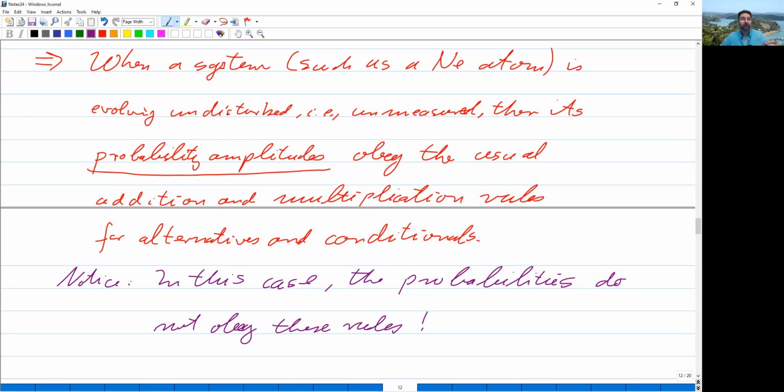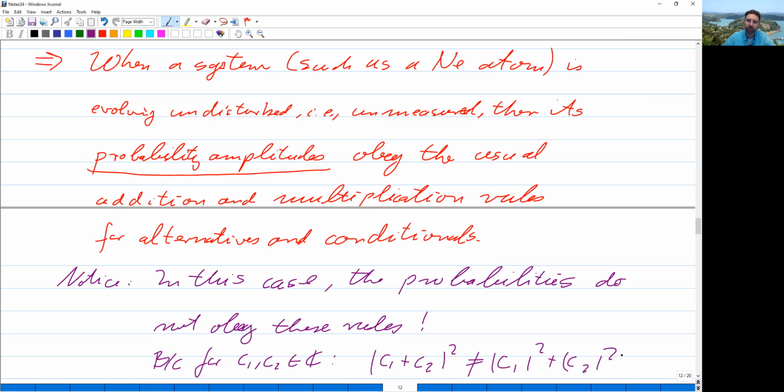In other words, whether you first take probability amplitudes and add them for alternatives, and then take the modulus squared, is not the same as if you took two probability amplitudes, took their modulus squared, and then add them, right? Because for C1, C2 in C, we have that |C1 + C2|^2 is generally not the same as |C1|^2 + |C2|^2.